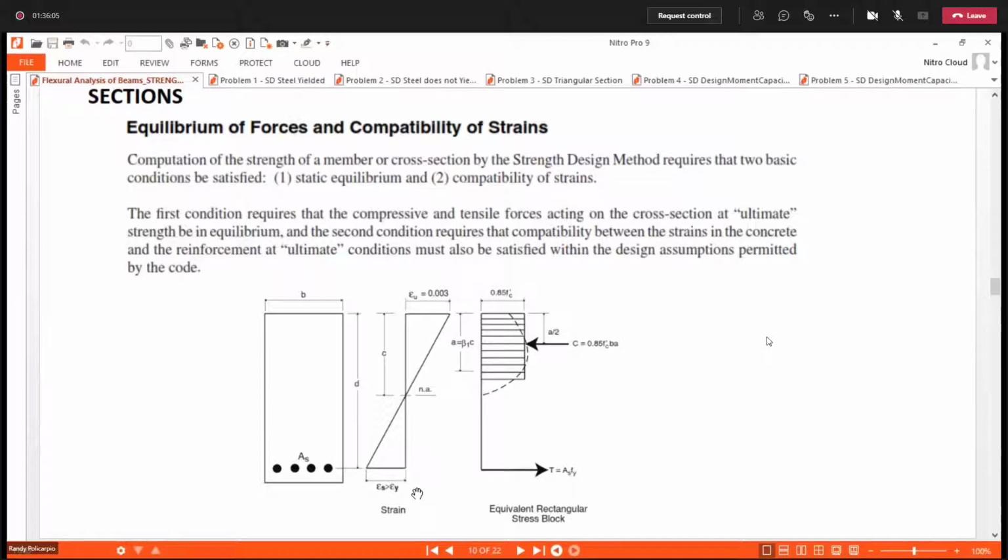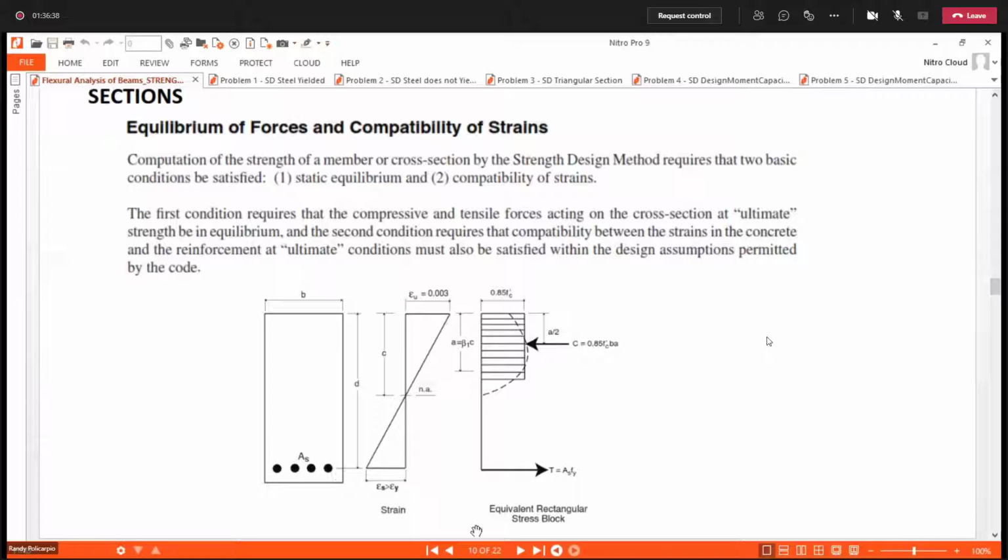Kasi yung epsilon S natin is greater than epsilon y. So therefore, if the strain in the steel is greater than the yield strain, your stress in the steel will be equal to Fy. So yun ang tandaan natin. Pero kapag yung epsilon S mo is less than the epsilon y, that will be Fs. So yun ang mga dapat nating tandaan.